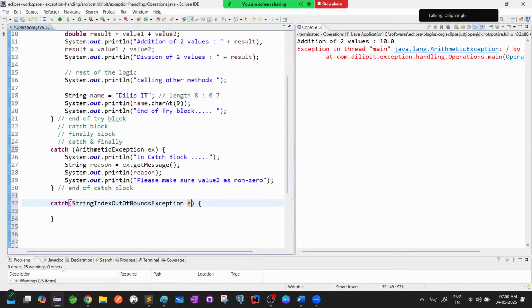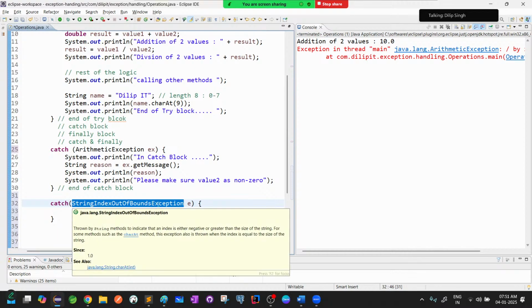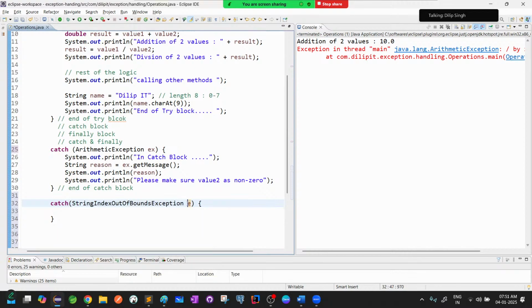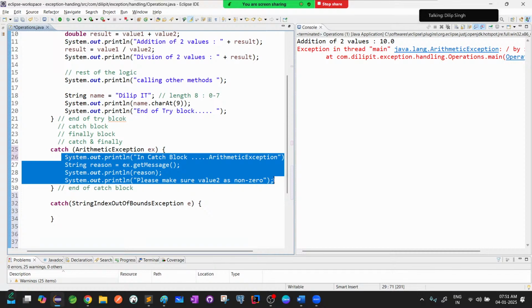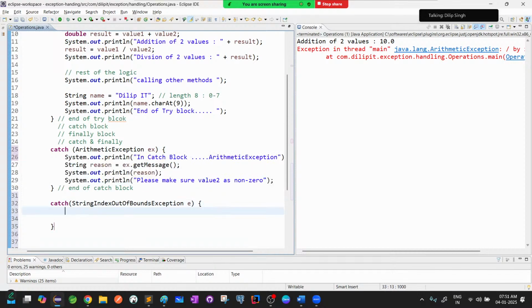Then you can take a reference variable here. You can take anything, like e, a, b, c, as the object reference name, because when you execute the program, finally an object of this exception class is created, and to refer to that object you need a reference. Now in this catch block I'll copy paste this line and modify the logic.